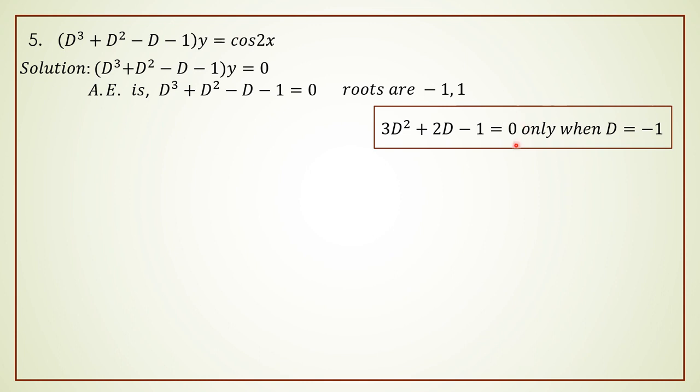That means minus 1 is the repeated root here. So the roots of the auxiliary equation are minus 1 and 1.